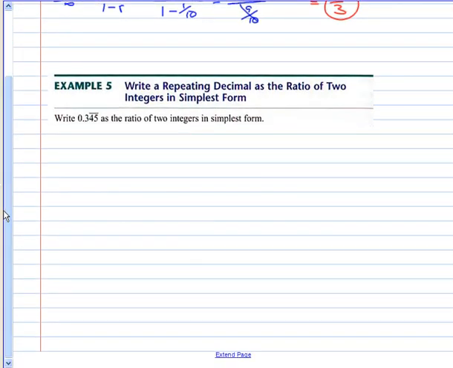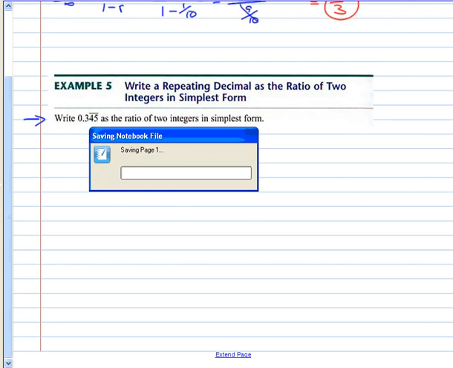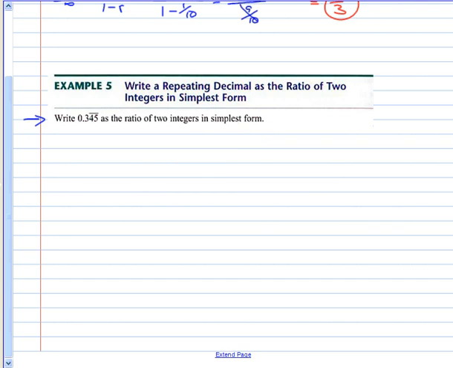So let's try that on a little more complicated value down here in example 5. Notice in example 5, 3, 4, and 5 are not repeating. Only 4 and 5 are repeating. In other words, it's the number 0.345, 45, 45, etc. It's that 4, 5 that repeats.